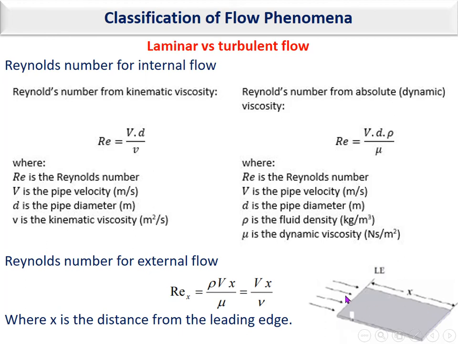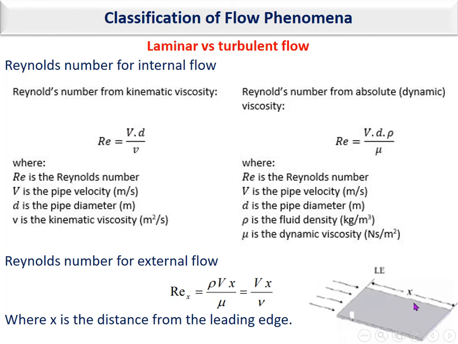An important conclusion which may be taken here is that if the pipe cross-section is constant and V is constant within the pipe and D is also constant, as nu is constant, then the Reynolds number in the pipe will be constant. It will vary if V or D or nu varies, but if none of them is changing, then Reynolds number will be the same.